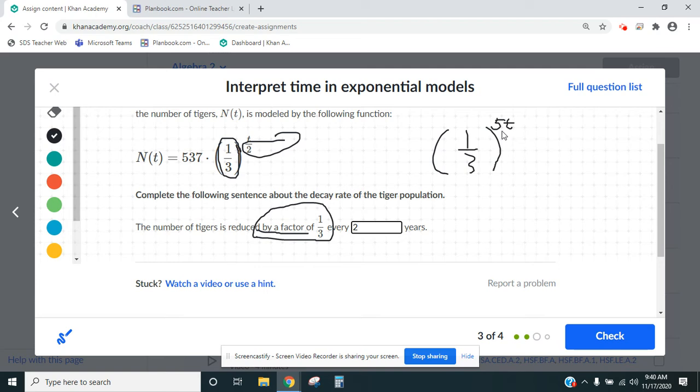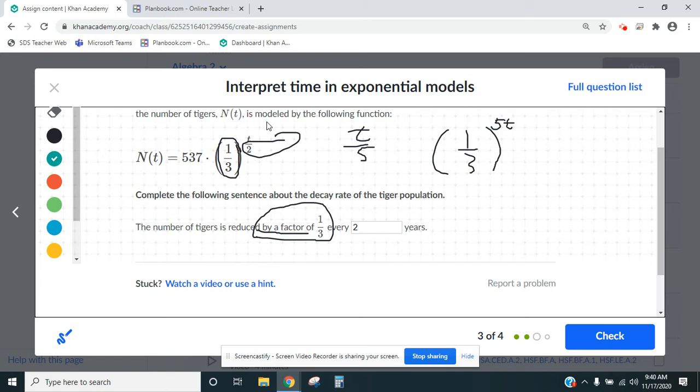This would not mean 5 years. 5 years would be T over 5. What would this mean? Any guesses? 5 times a year. So that means it happens 1/5, every 1/5 of a year. That's what that would mean. So you're going to see that maybe not in this assignment, but later on. Okay. Questions on these two to begin with?